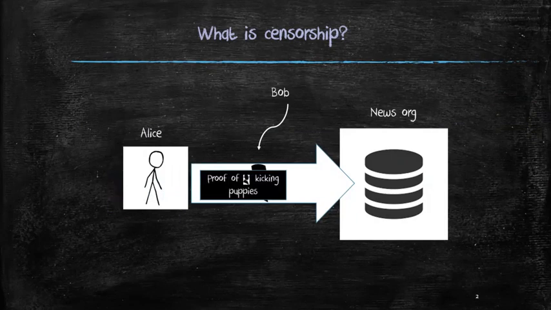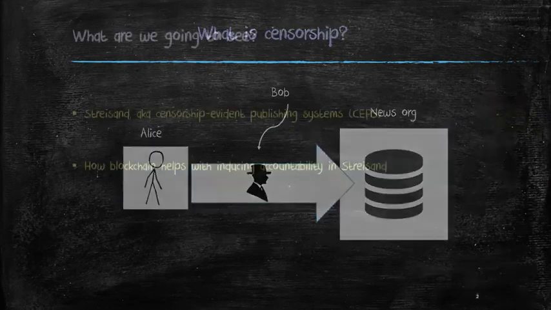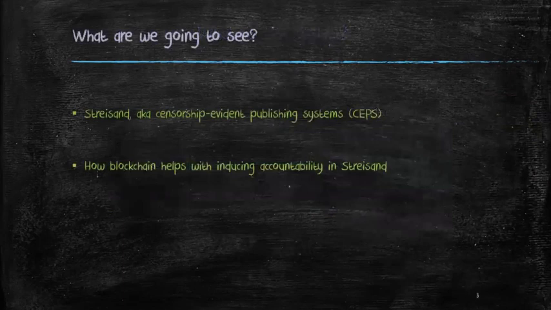However, Bob gets wind of this and coerces the news organization against their will to take down this content to prevent his reputation from being tarnished. Here, the news organization was forced against their will to take down this content and is not a willing participant in censorship. So what are we going to look at in this presentation?